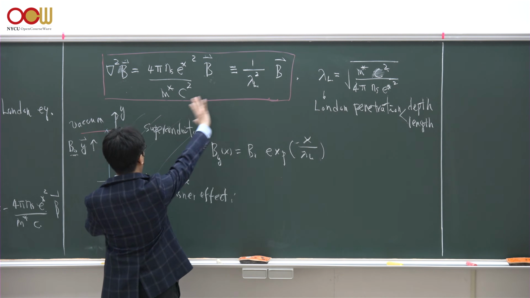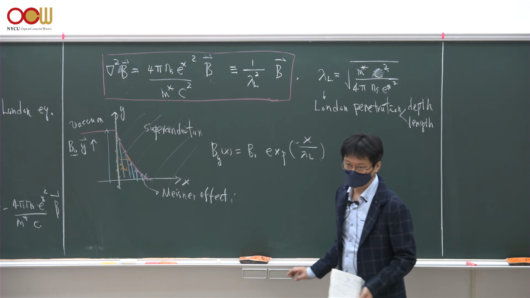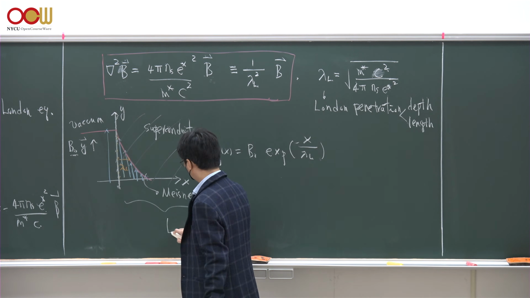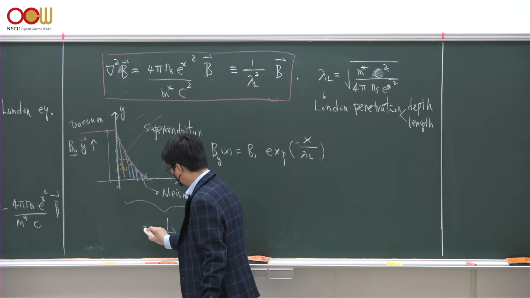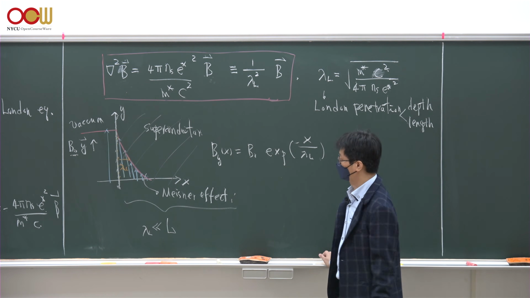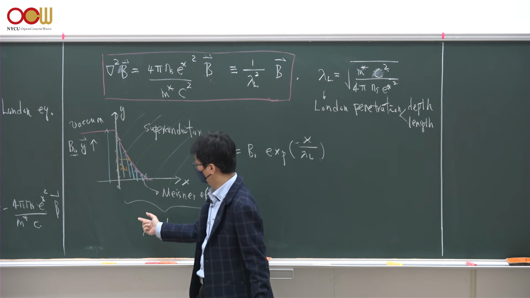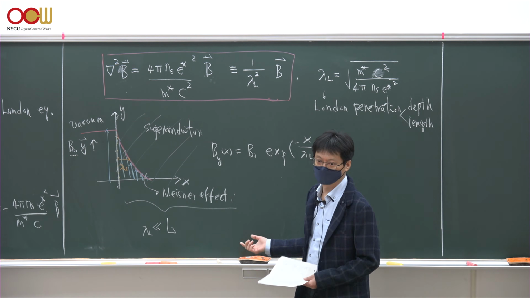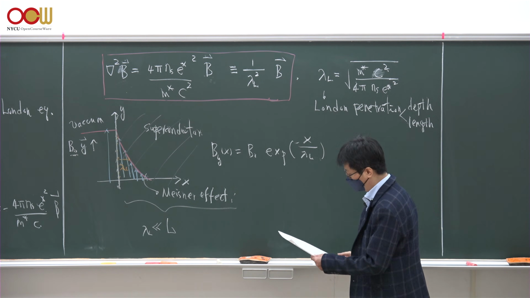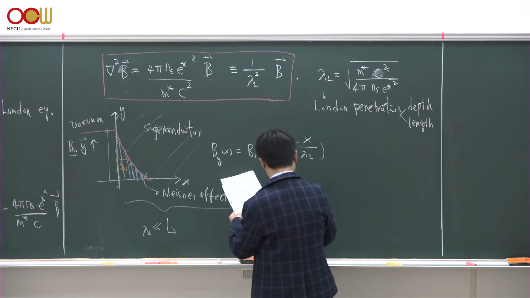For this whole system, the right-hand side of the x-axis is the bulk material, and compared to the size of the system, lambda_L, the London penetration depth, is really negligible. Roughly speaking, the magnetic field does not penetrate into the bulk because the London penetration depth is usually really small in magnitude. But it does penetrate, although the penetration depth is really tiny. So let me give you some estimation of this lambda_L for some high Tc superconductors.